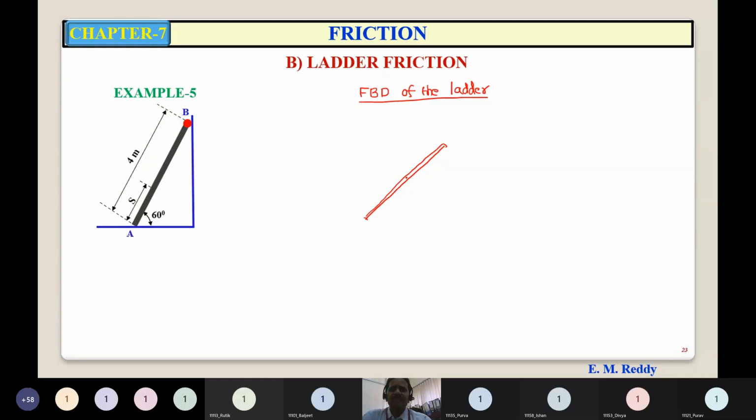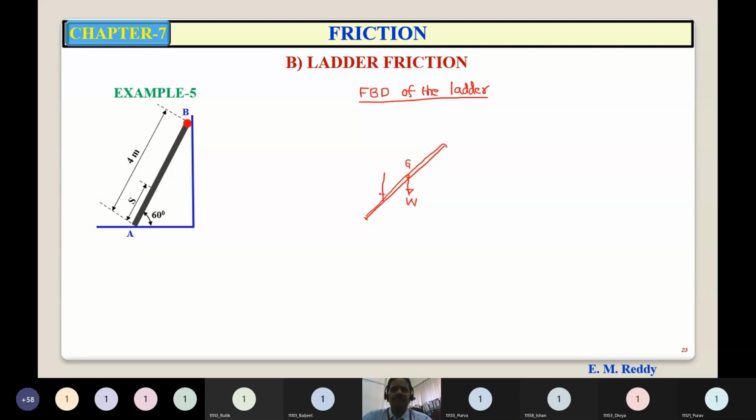One is its own weight, W, which acts at the center of gravity of the ladder. Second, the painter is climbing the ladder, and you have to find the distance S at which the ladder tends to slip. That is the limiting condition, meaning about to slip.